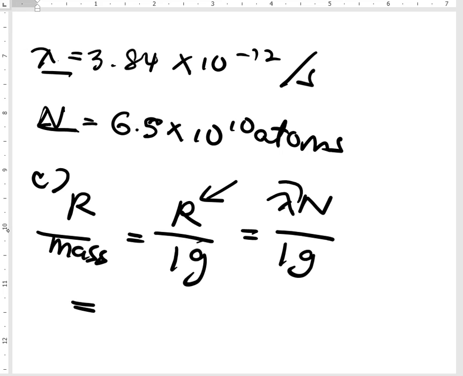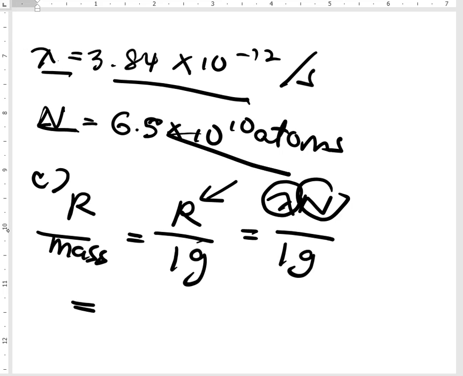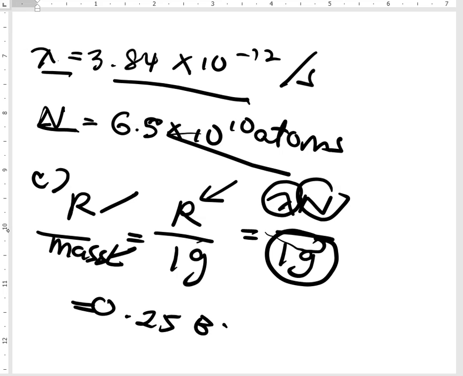Just substitute lambda with this number and N with this number, divided by 1 gram, and you will get the activity over 1 gram equal to 0.25 becquerel per second. So it is proven by these calculations. That's it for question number 6.